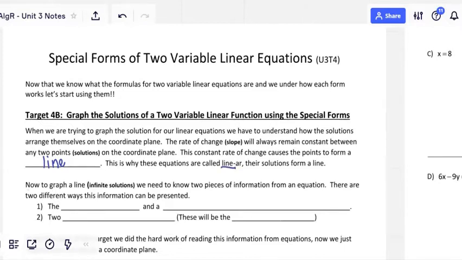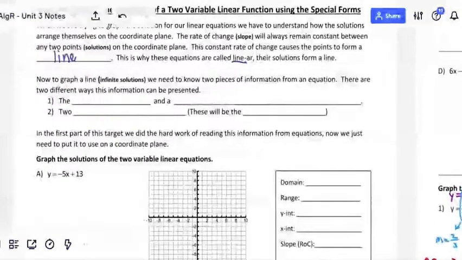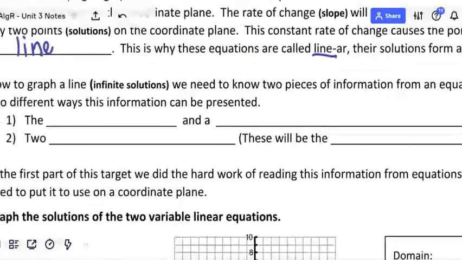So now, in order to graph this line, we have to know two important pieces of information from the equation, because in order to make a line, we have to be able to connect at least 2 points. There are two different ways that we can get this information. The first is if we have a slope, represented by which letter?